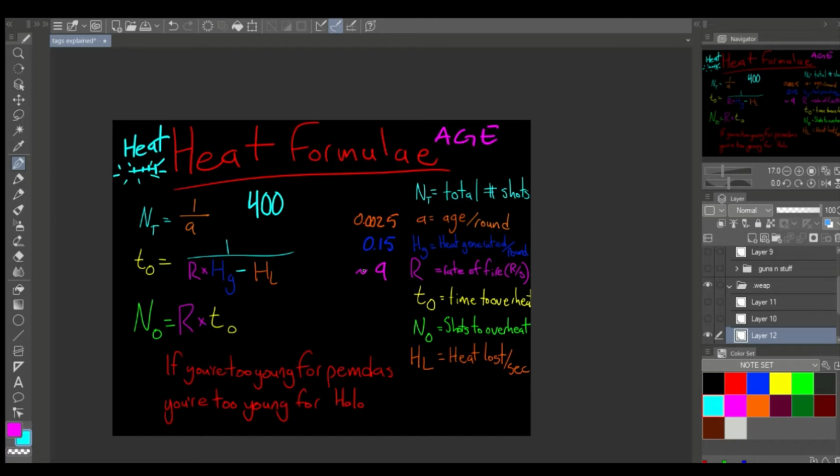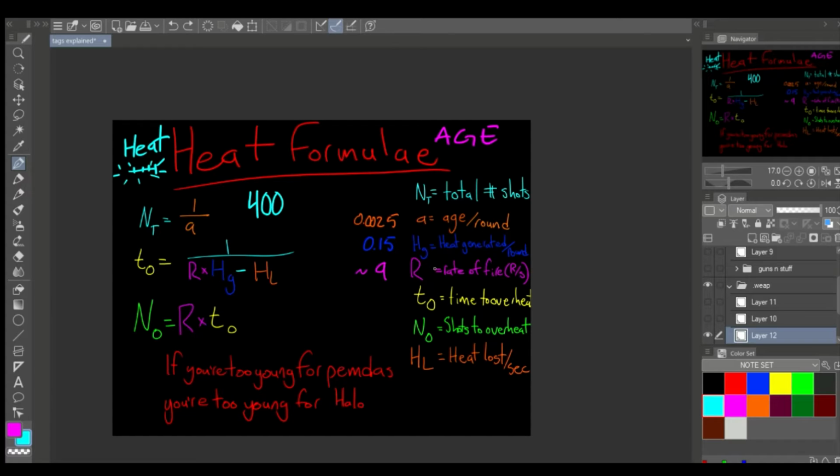In this case, I just approximated it to 9 because I felt like it. Oh, actually, sorry, one more here. I remembered I had to add this one in at the last second. Heat loss per second, and in the case of the plasma rifle, it's 0.825 something, I believe.